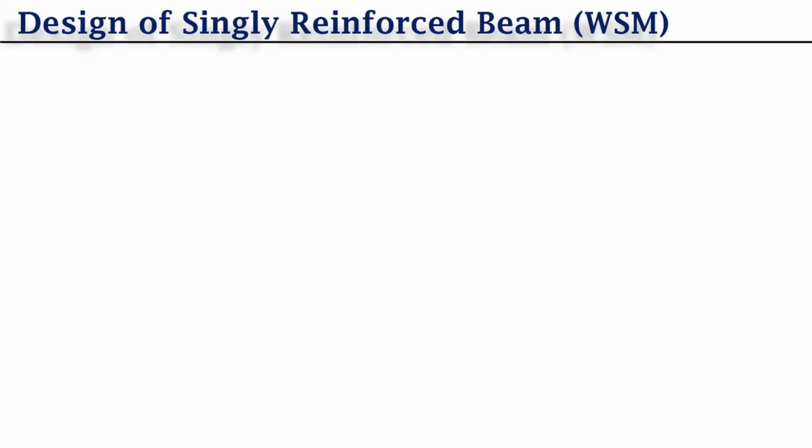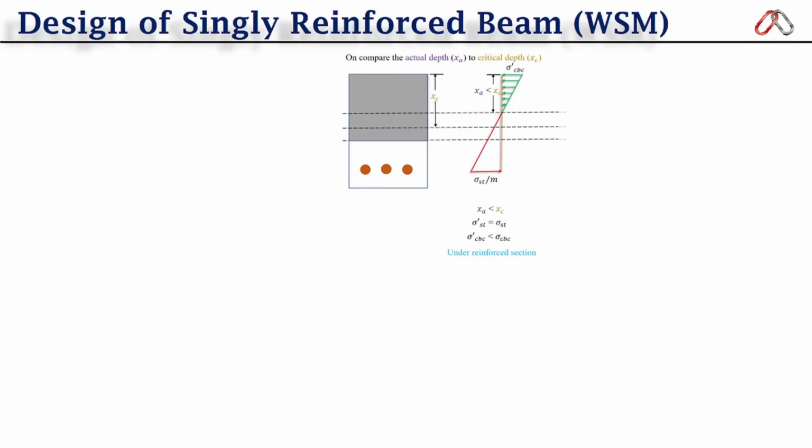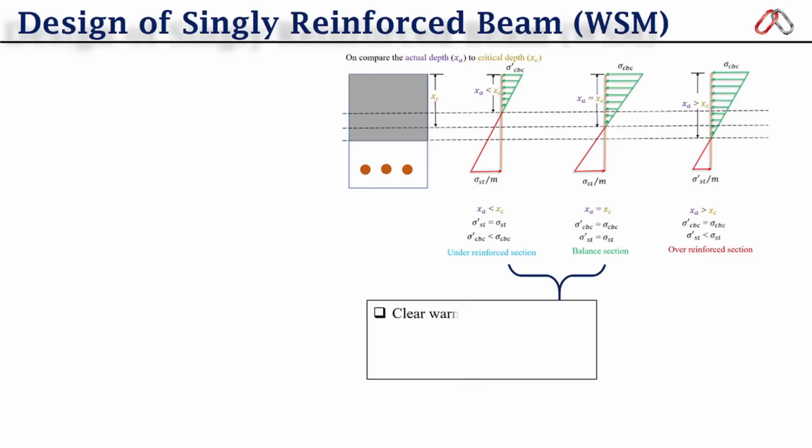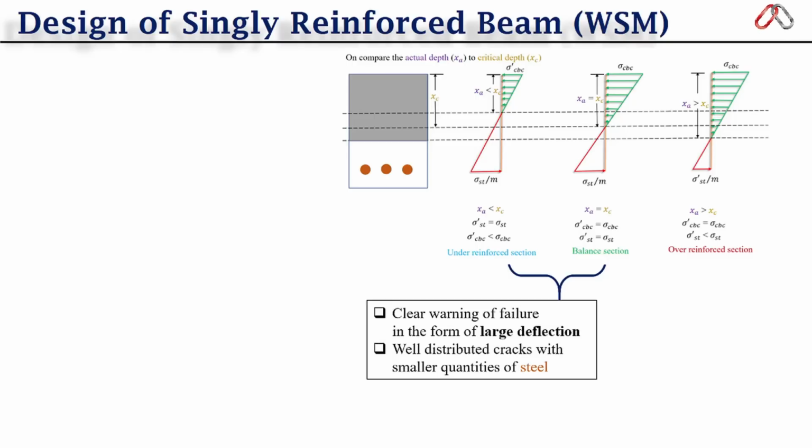In the previous lecture, I explained three types of beam section based on the relative quantity of concrete and steel used in the beam. The sections are under reinforced section, balanced section and over reinforced section. In practice, it is always advisable to design as an under reinforced or balanced section because in these sections there will be a clear warning of failure in the form of large deflection and well distributed cracks, with a smaller quantity of steel.